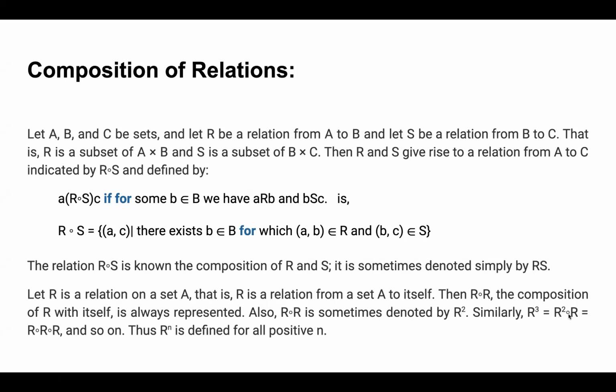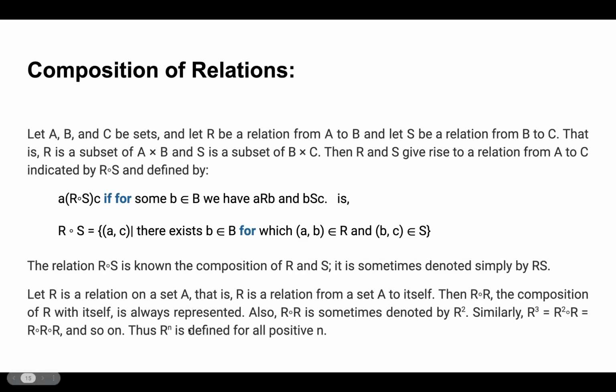Similarly, R cube will be R square composite R, which will be equal to R composite R, and so on. Thus, R raised to N is defined for all positive N. In which case is it there? When the relation is there on a single set only.